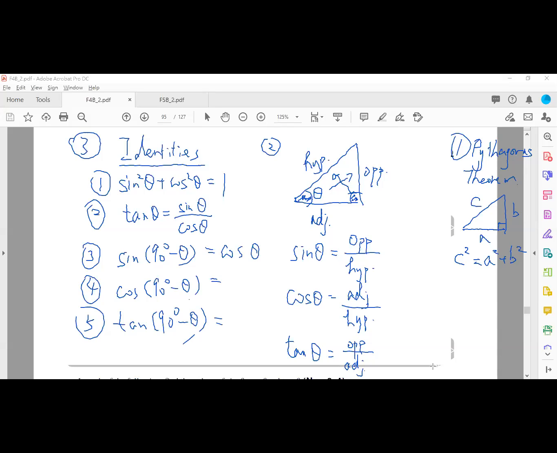If you have cosine 90 degrees minus theta, you will change it to sine theta. And if you have tangent 90 degrees minus theta, then you will have 1 over tangent theta.